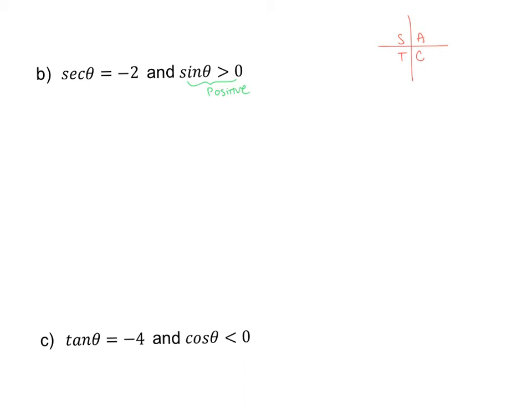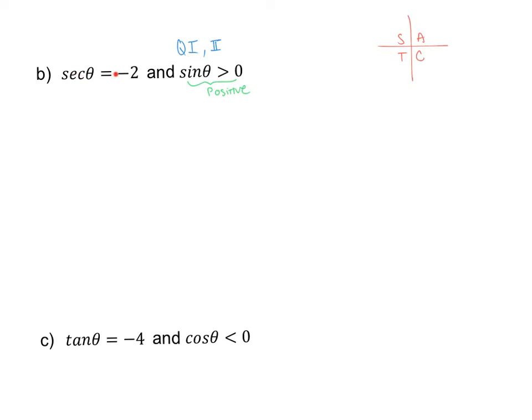That's saying that in the first quadrant all of the functions are positive, only sine is positive in the second quadrant, and then the rest are positive for tangent and cosine. But what we care about is when sine is positive. Well, it's positive in the first quadrant and in the second quadrant. So that's what I'm going to make a note of: quadrant 1 and quadrant 2.